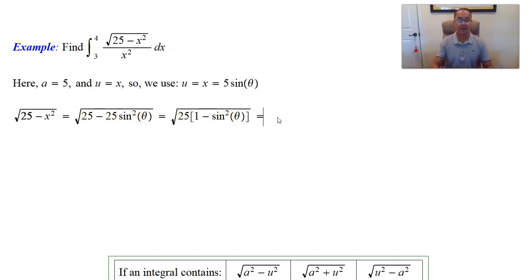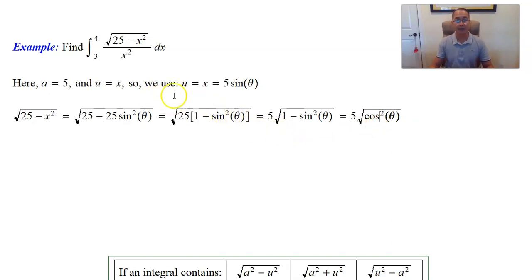It works. So now we can take the square root of 25 outside as a 5, and inside we will simply get 1 minus sine squared. And now we see why it works. We will get cosine squared inside the radical, because 1 minus sine squared is cosine squared.